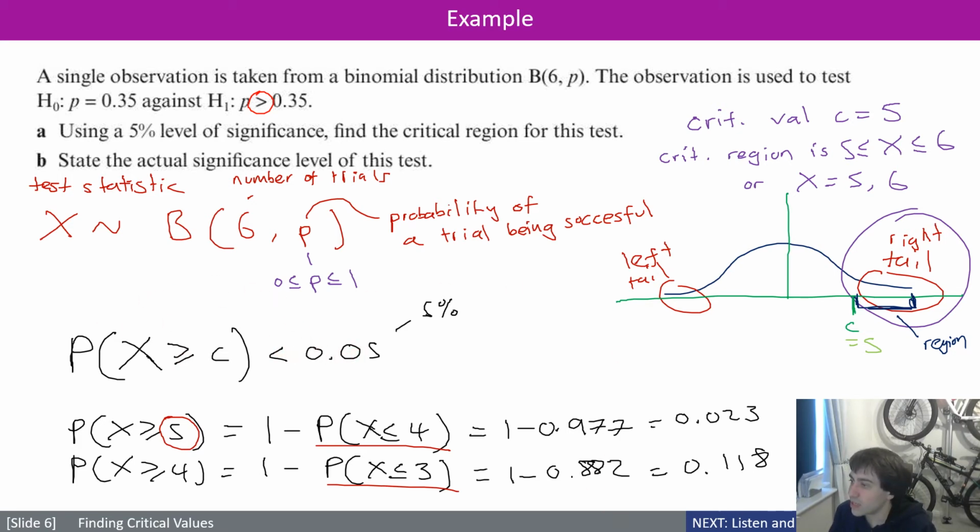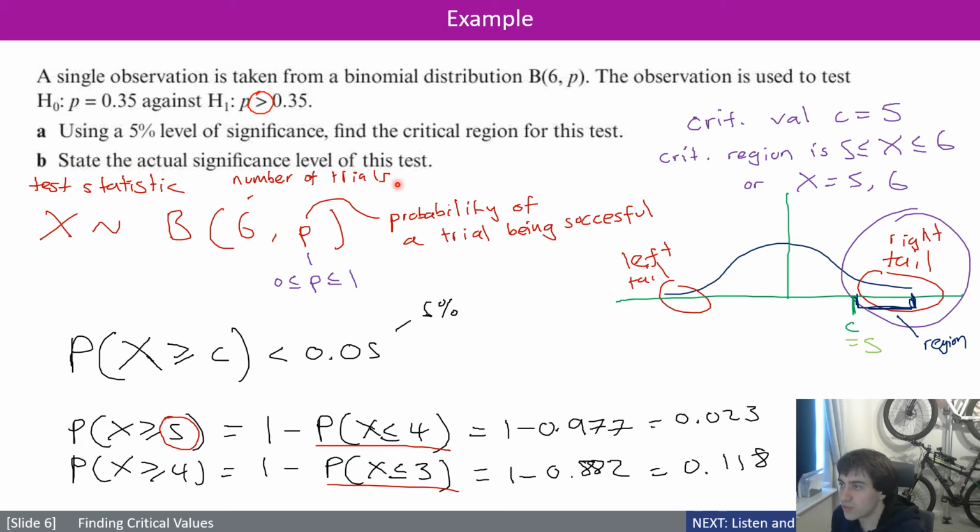And then we'd be finding a critical value here, and our critical region would be everything at that value or below. So this example, we're just doing one type of one-tailed test. There is the other type of one-tail. Keep that in mind.